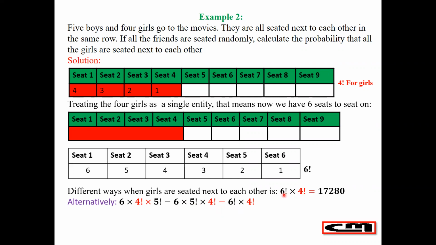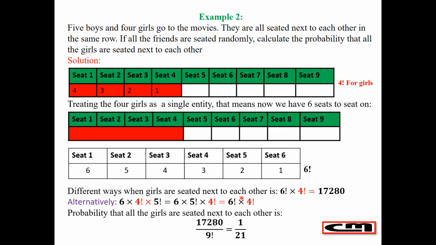So the new method works of treating the 4 girls as a single entity. Then you look at what is left, right? So now we have found the favorable outcomes, arrangements where the girls are always together, the 4 of them.